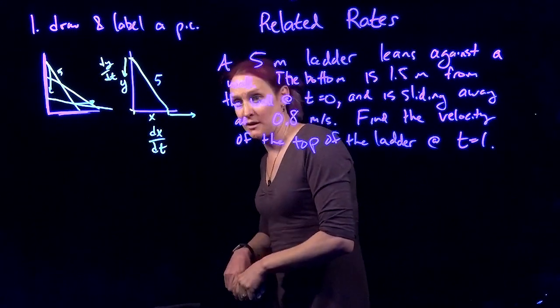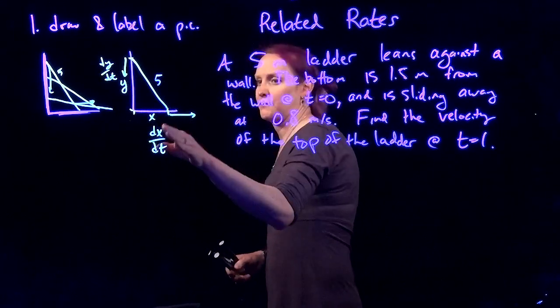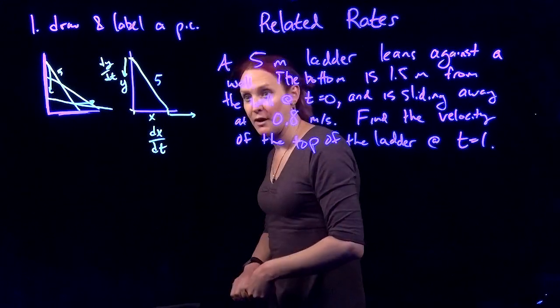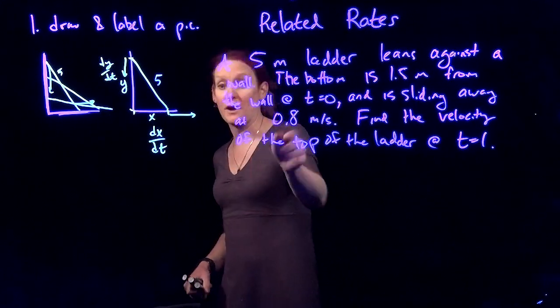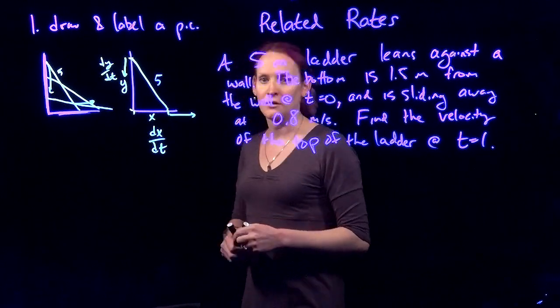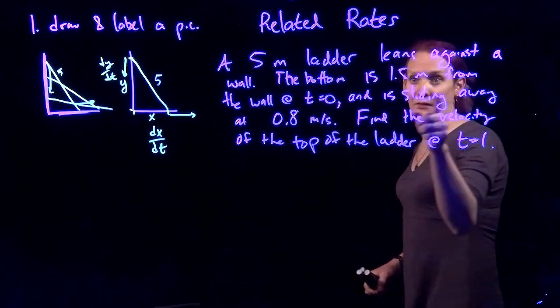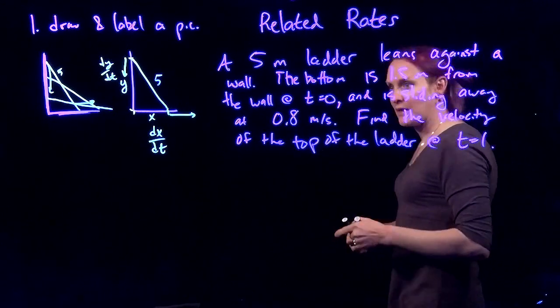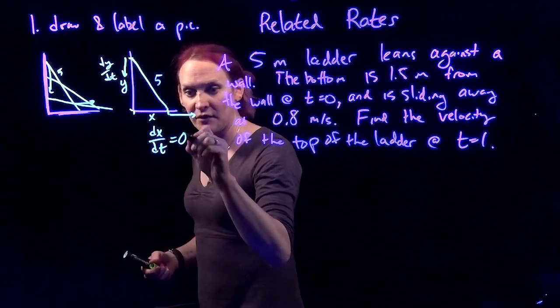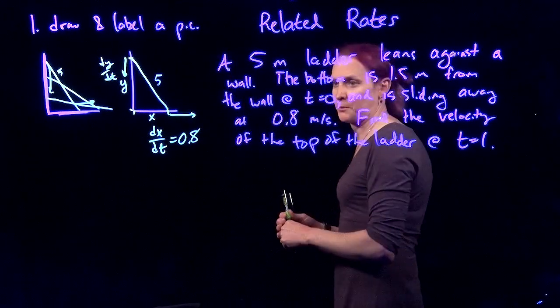So we're going to try to label the rates of change of these two state variables, with either that's my objective to find it out, or I know it somehow. From the statement of this problem, the bottom is sliding away at 0.8 meters per second. That means that this is 0.8 meters per second.